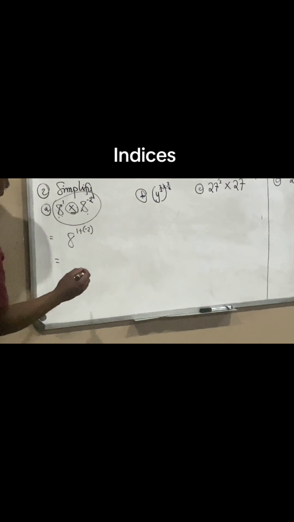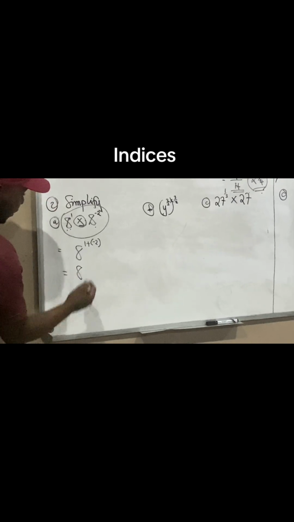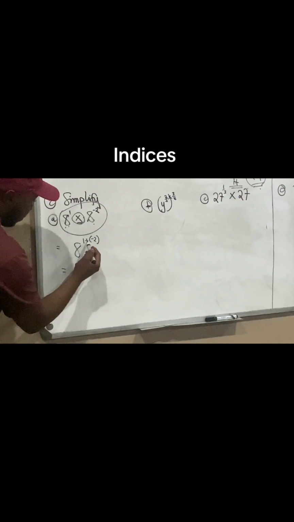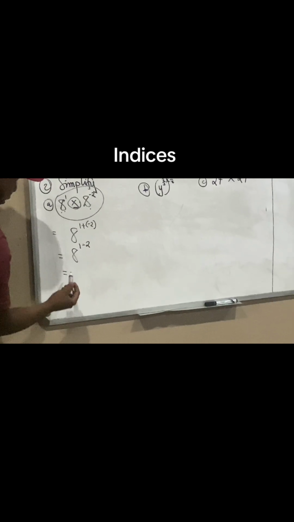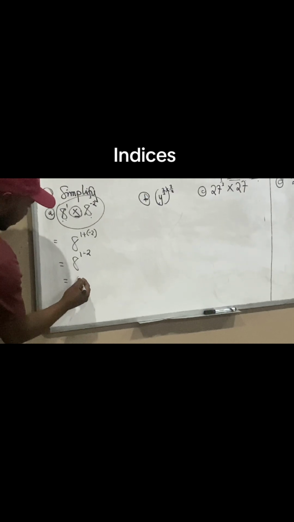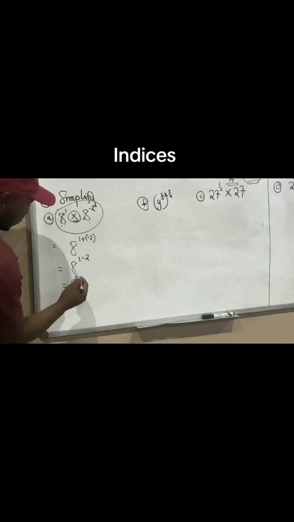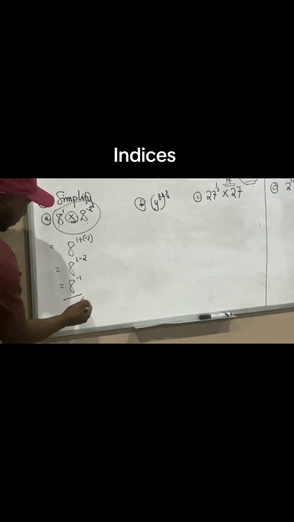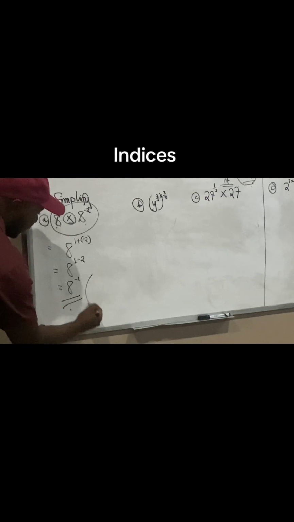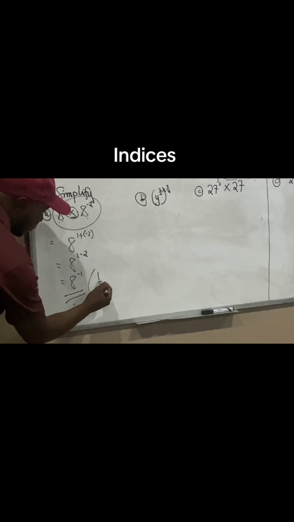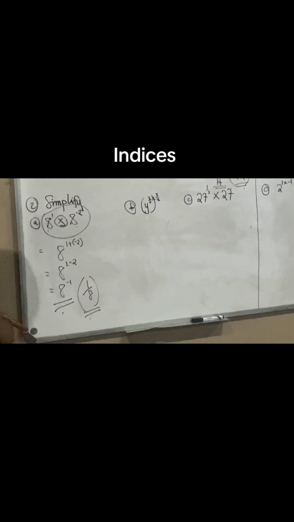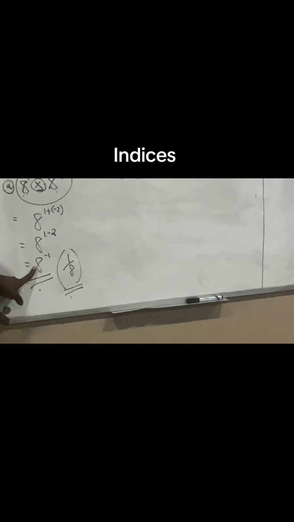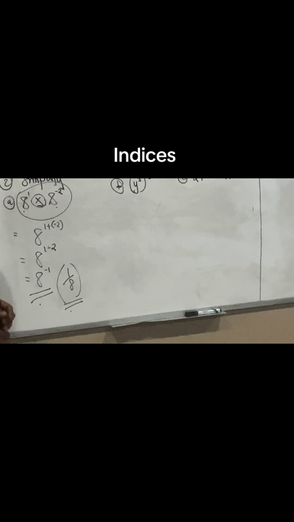I have 8, then adding: 1 plus negative 2. Once I subtract, this minus this gives negative 1. This is my final answer. Some prefer this as a positive index, which is 1 over 8. So if they ask whether you can write this as a positive index, this is how you end your answer there.